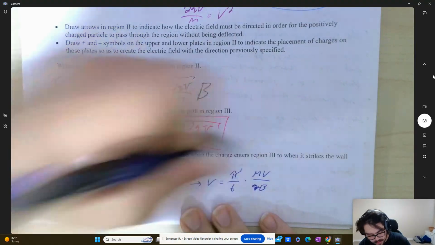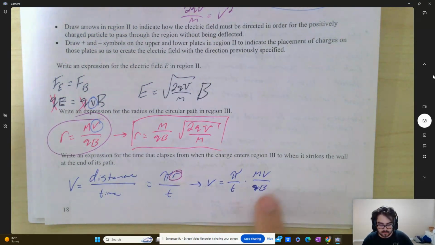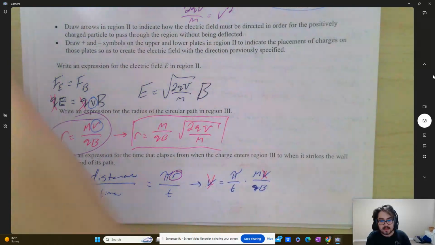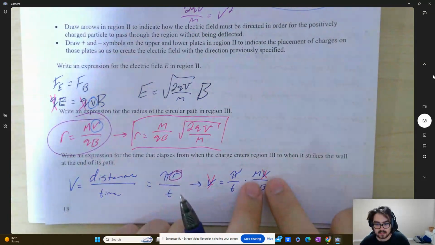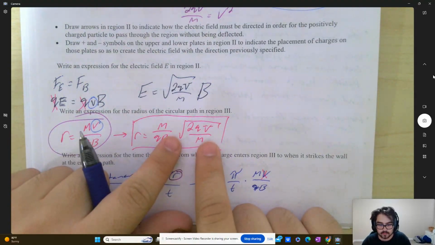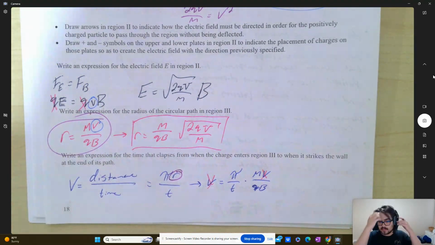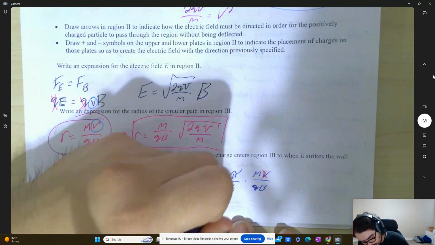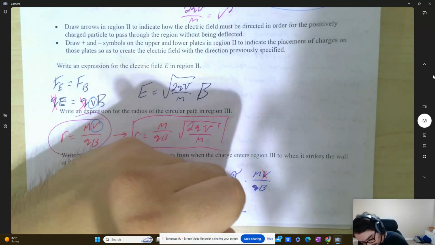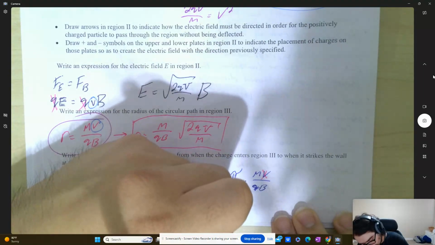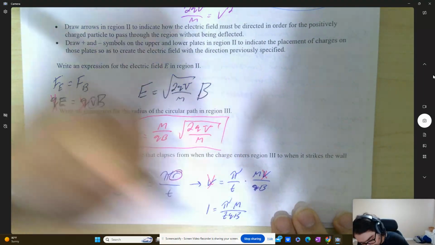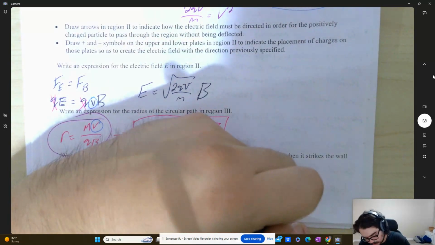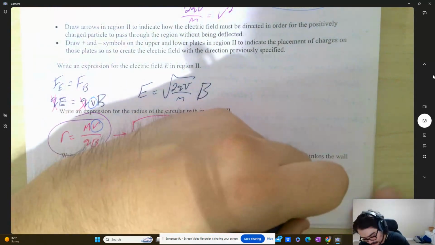And guess what? Now you should notice there's a v on both sides. So let's knock those out. That saves you the trouble of plugging in this whole root expression and makes your rearranging way easier. So you get 1 equals pi times m over t qB. Multiply t on both sides, and that's all you've got to do.